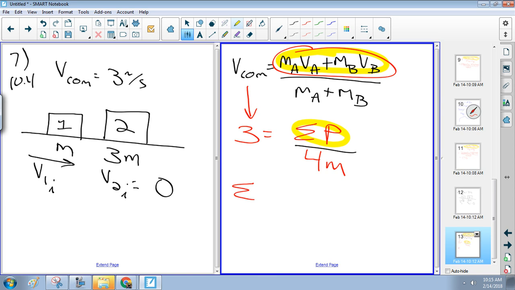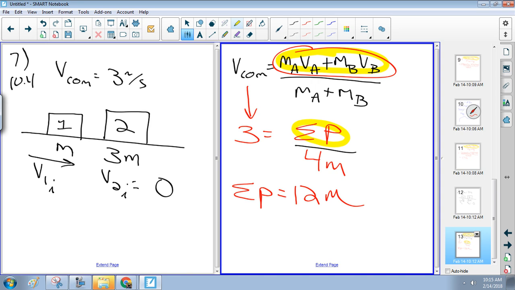Oh, well, that means that my total momentum must be 12m. Make sense? All right. Now, what else do we know? I kind of just dove into that headlong without doing any calculations. There's something else we know that I have not made use of yet. And I said it in a deep voice when I read the problem.